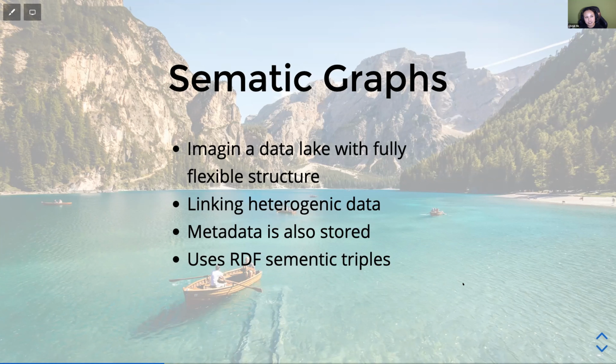Basically, imagine something almost like HTML, but it's describing what things are and what their relationships are. And triples basically just means how two things are related to each other. Two things in a relationship, three things, triple. So this is how a semantic graph is built, using semantic triples.